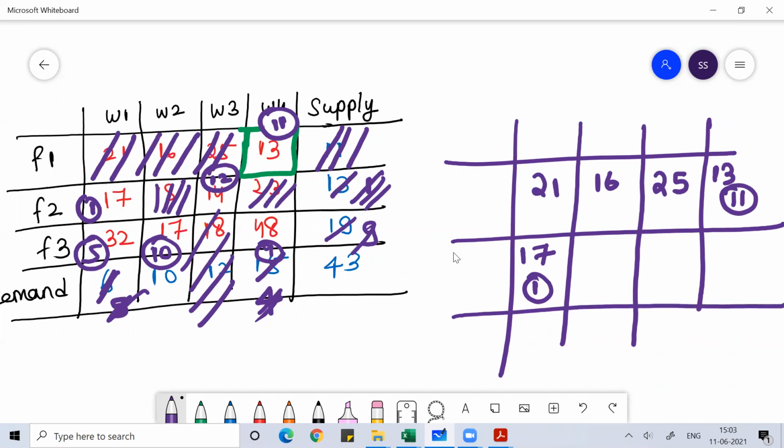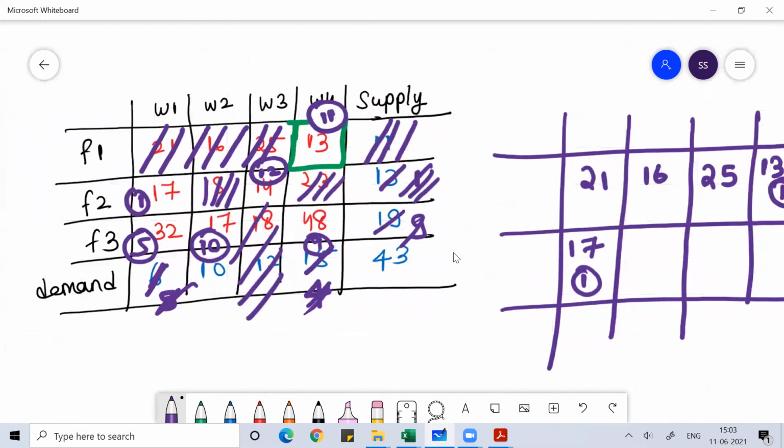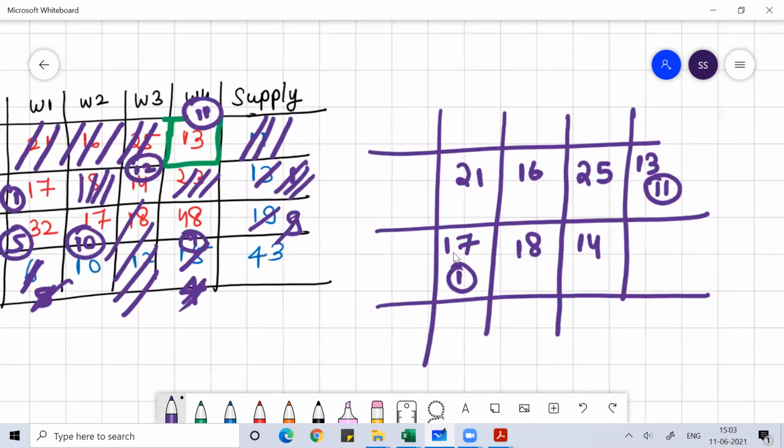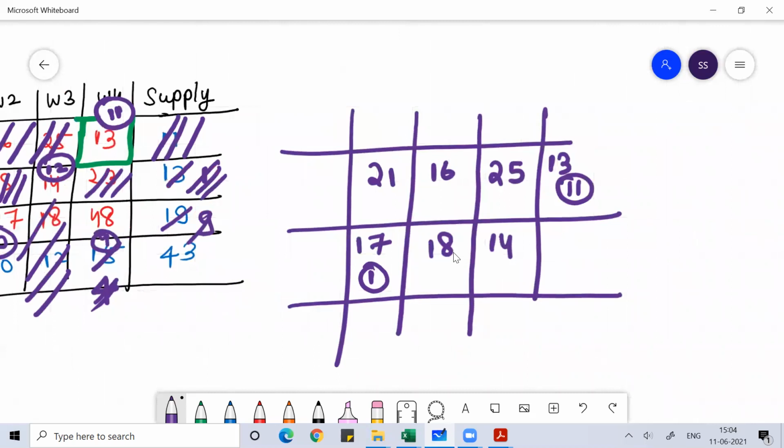Then the next cell after 17 is 18, 14, and 14 is having a value of 12.